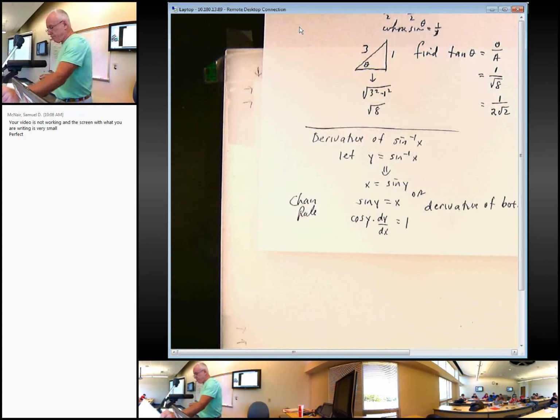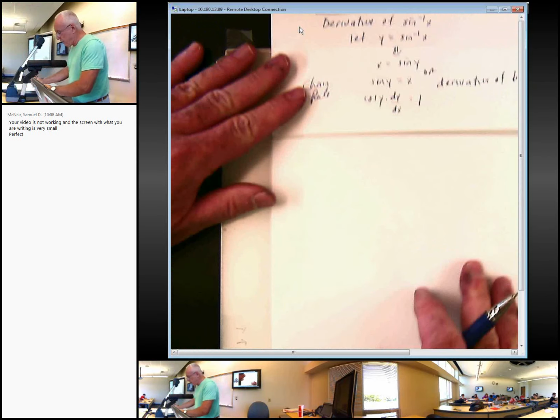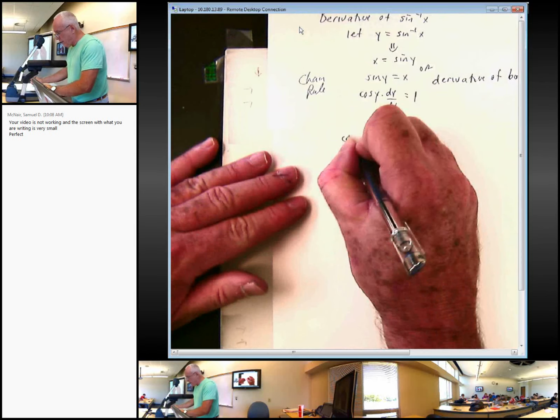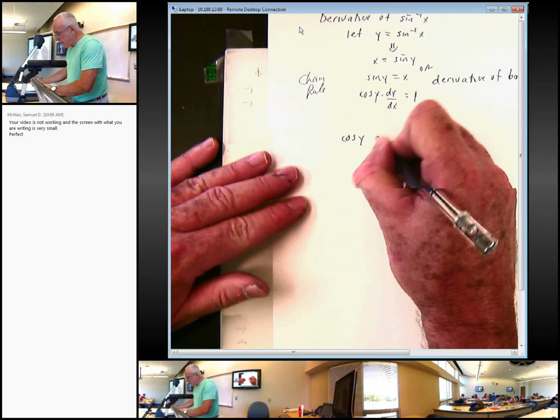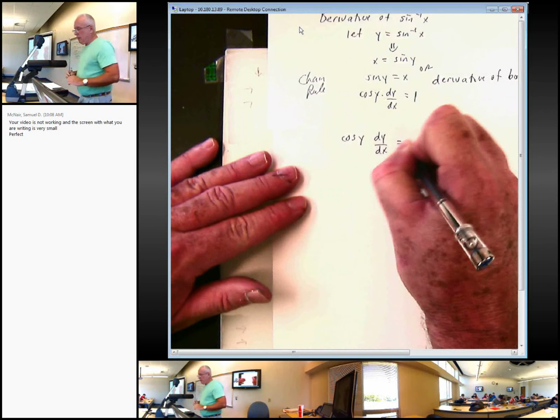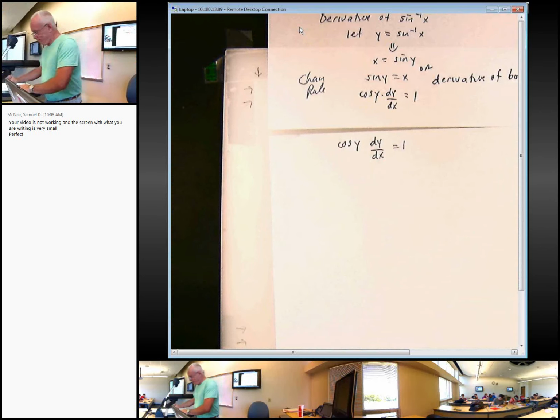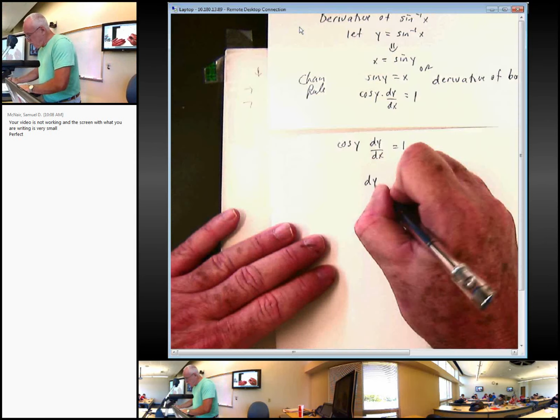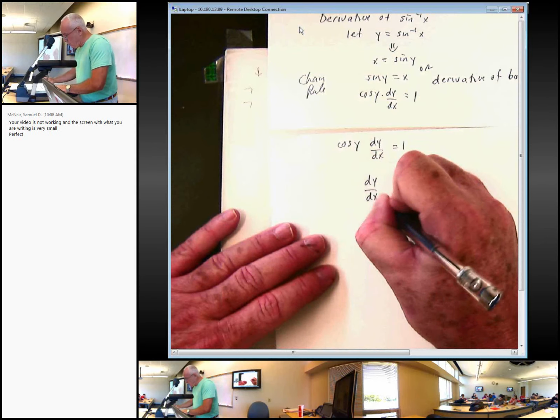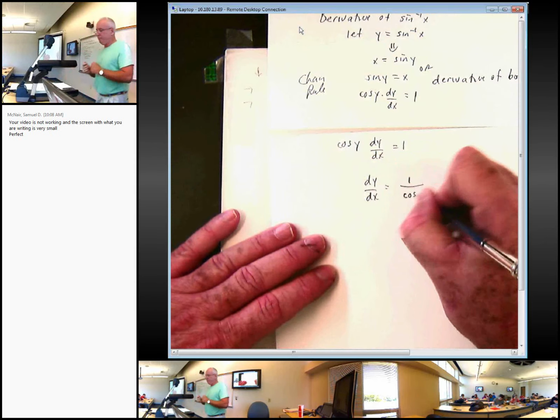All right. So let's see what we end up getting here. Let me rewrite this. We have cosine of y, dy dx is equal to 1. So let's divide both sides by the cosine of y. dy dx is equal to 1 over the cosine of y.